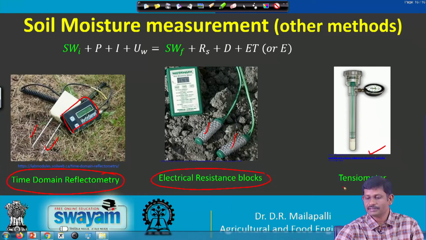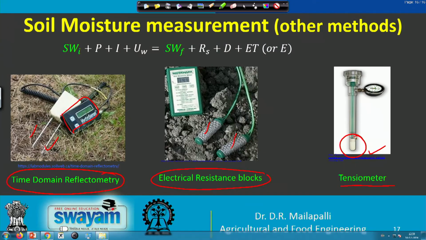This is the tensiometer, which measures the soil potential. At the bottom we have the ceramic cup, the top is completely closed, and this is the pressure gauge. Initially the reservoir is filled completely with water, and then it is installed in the field on the soil. After a few hours, it will come to equilibrium with the soil moisture.